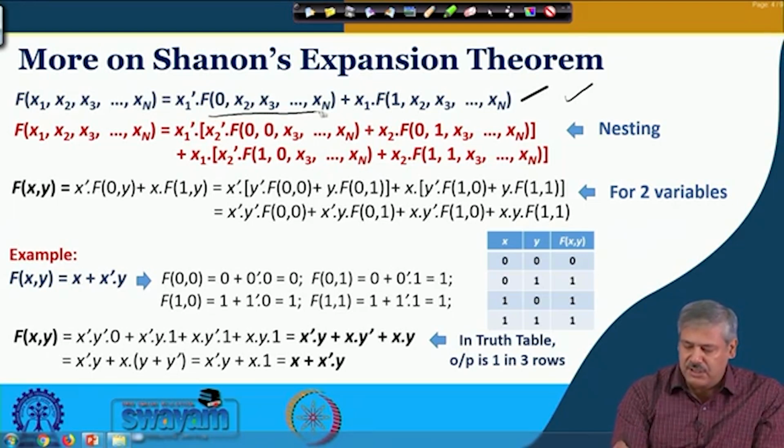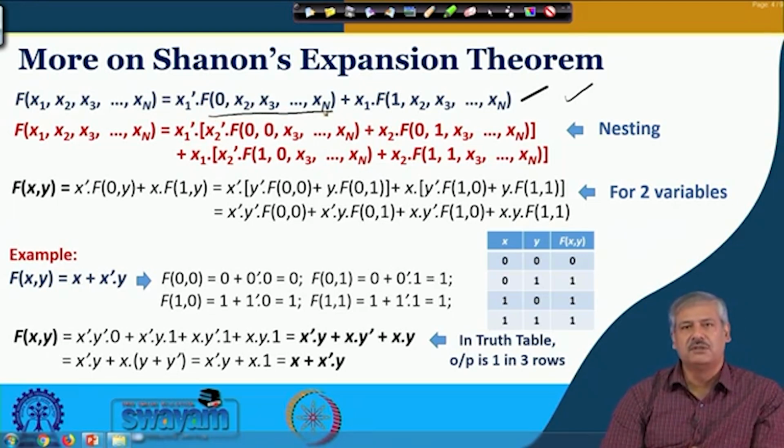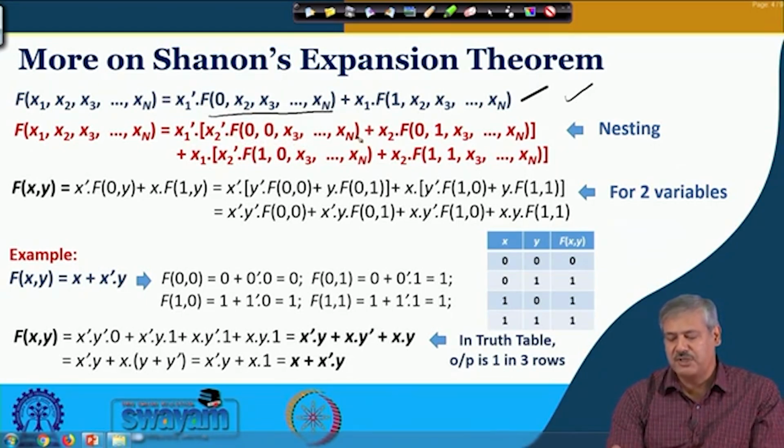In this particular function, there are x2 to xn variables. So, this again can be expanded for another variable, and if we choose it to be x2, so this one we can write as x2 prime, this is already 0. So, we do not do anything with that. So, x2 is 0 because x2 prime has been taken out, okay, is the ANDing term, and the rest of the terms remain the same, plus this one.